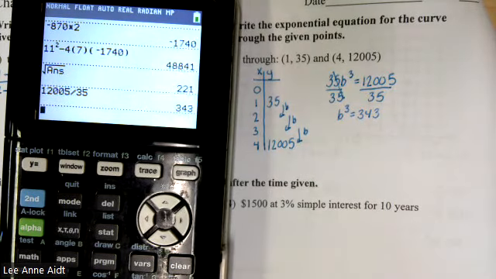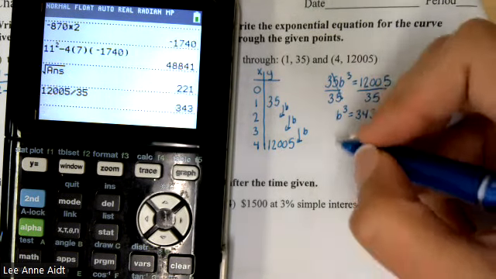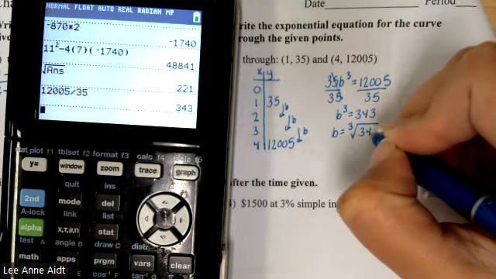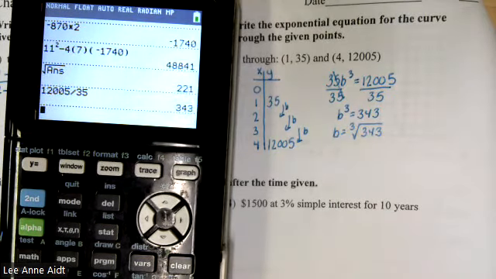I think the cube root of 343 is 7. But let's check. Okay, so b equals the cube root of 343. Is it 7?